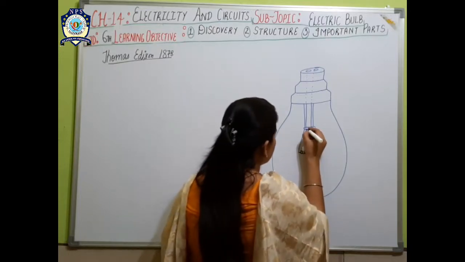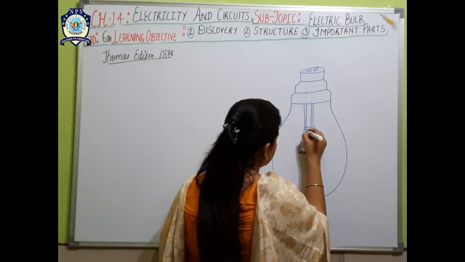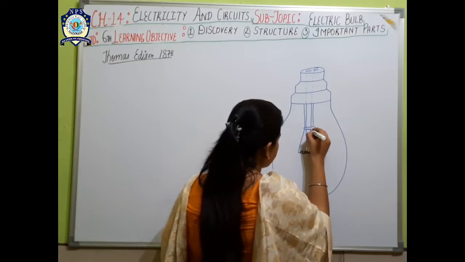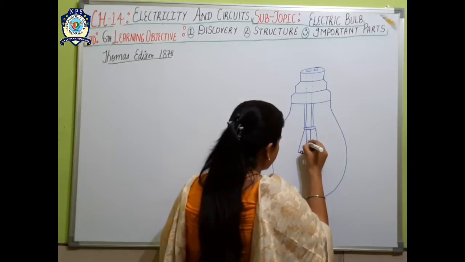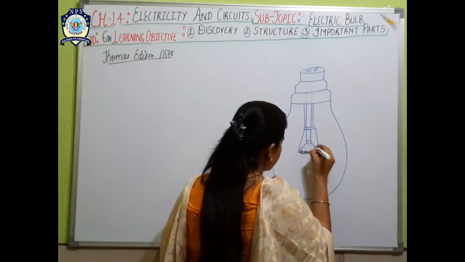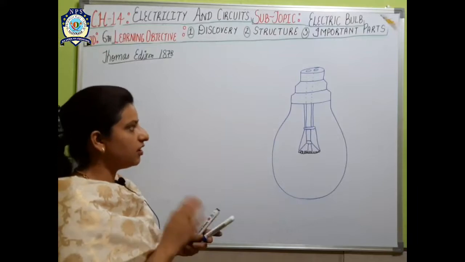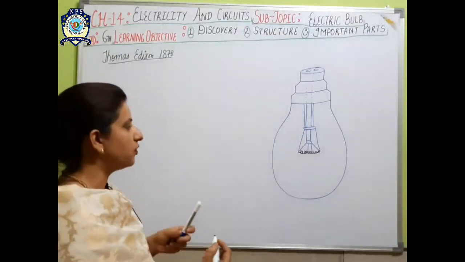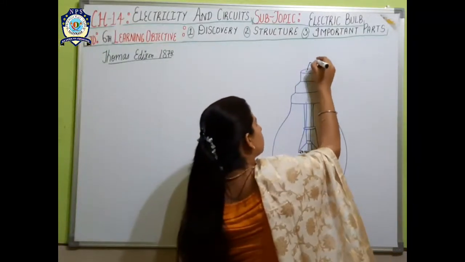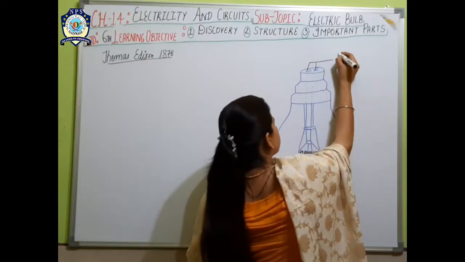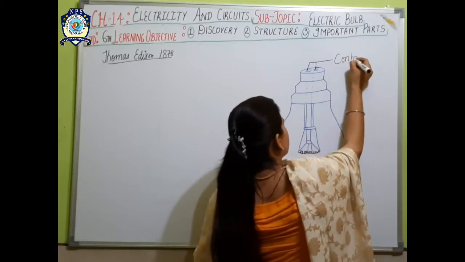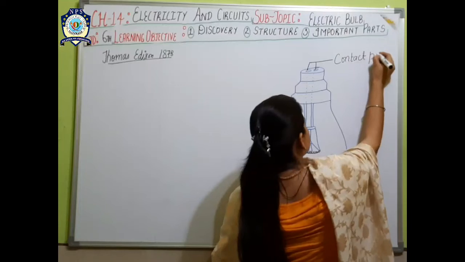Also the wires are extended and they are giving support to the tungsten filament. So it is a rough diagram of the structure of the bulb. Now let's label it quickly. This is the contact point.